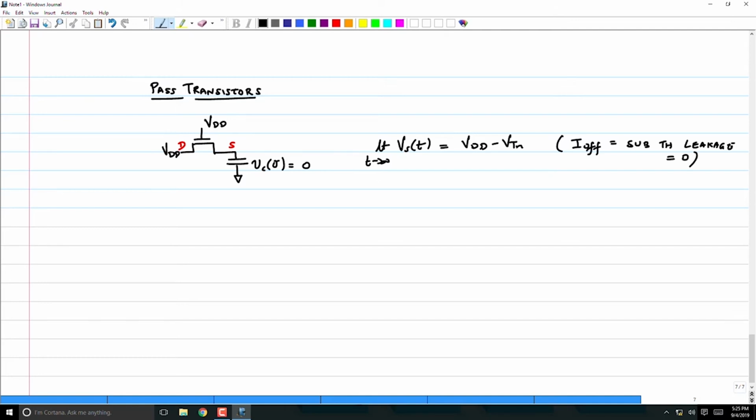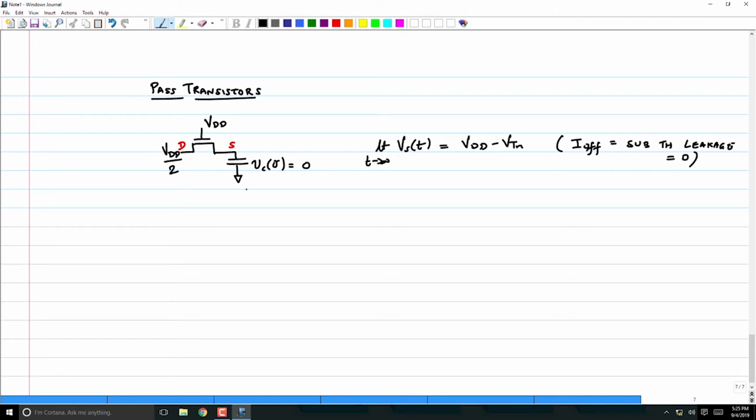Now what happens if instead of VDD, I was trying to pass VDD by 2? What will Vs of t, limit t tends to infinity, be? VDD by 2, right?